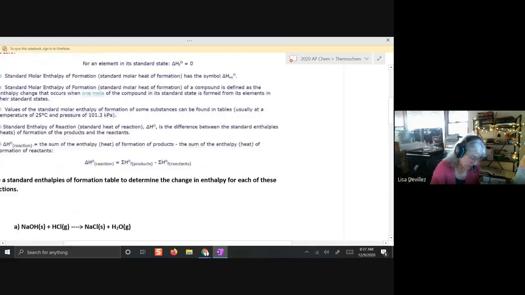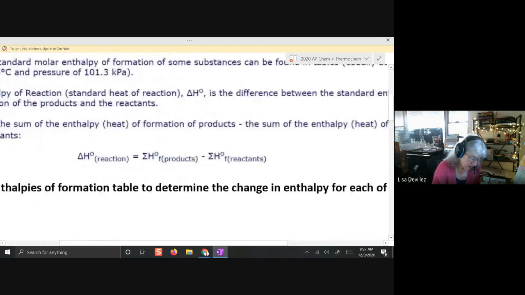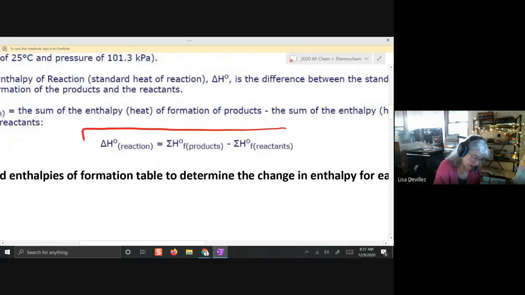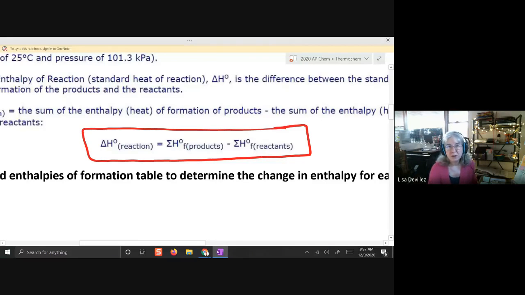So we'll go back up, and this right here, this is the equation, and we're going to have other thermochemistry related values that use this same format. So our delta H of a reaction is equal to the sum of the delta H of the products minus the sum of the delta H's of formation of the reactants.